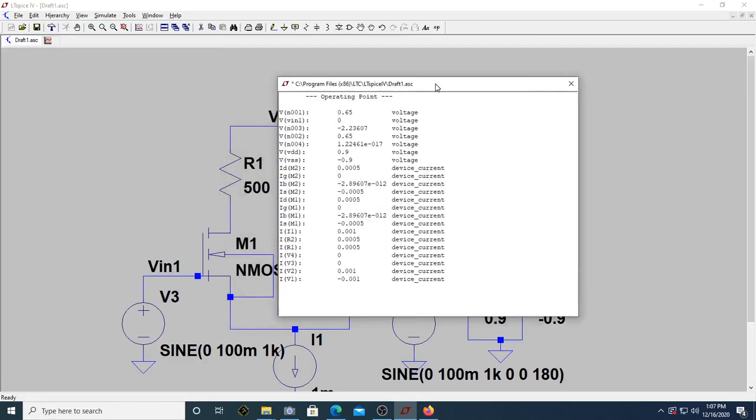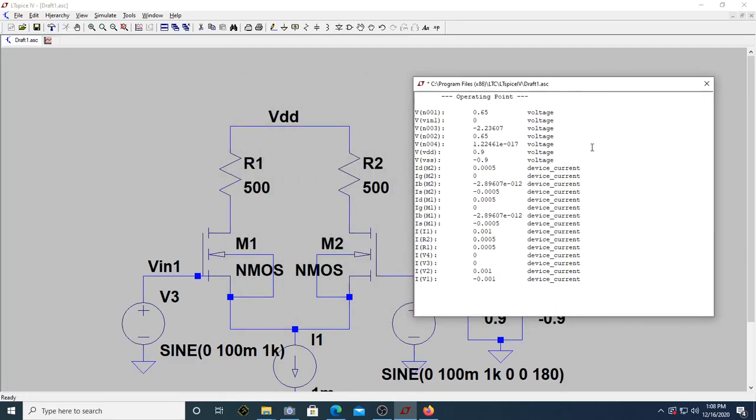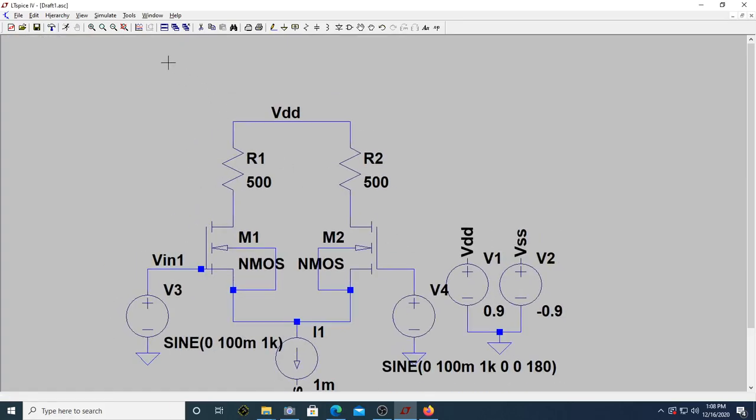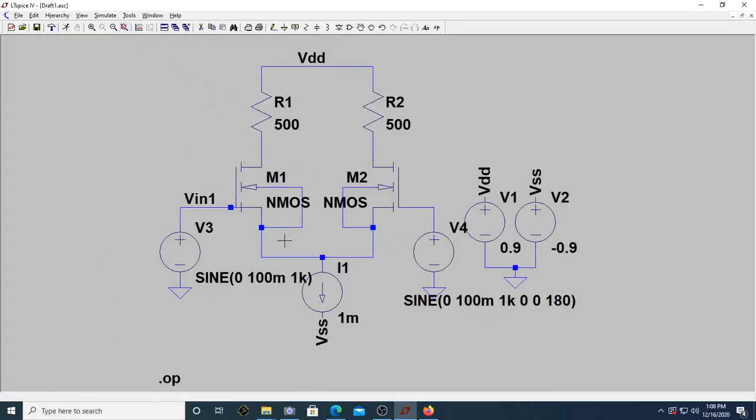If you can actually see what are the voltages you have here, you can see I have a current of how much. Since we have put a tail current of 1 milliampere, let me just make sure that, okay, this is the tail current of 1 milliampere. Now ID1 and ID2 will actually be 0.5 milliampere, 0.5 milliampere.